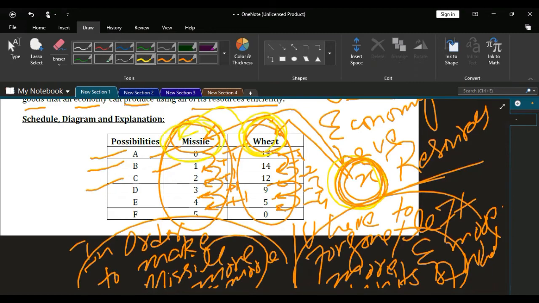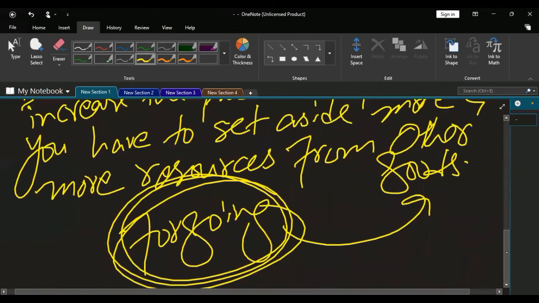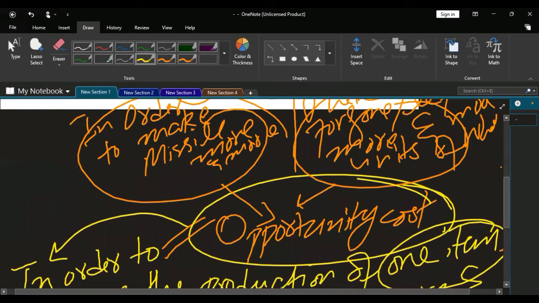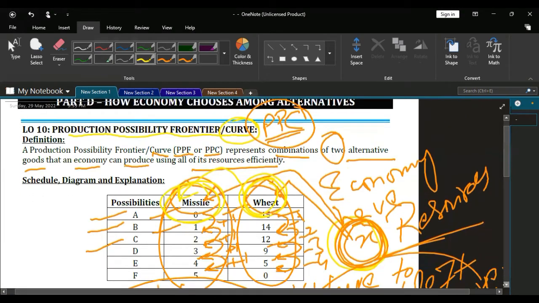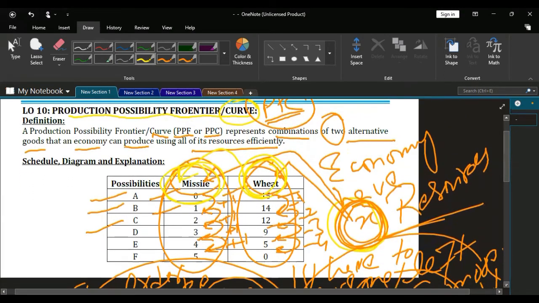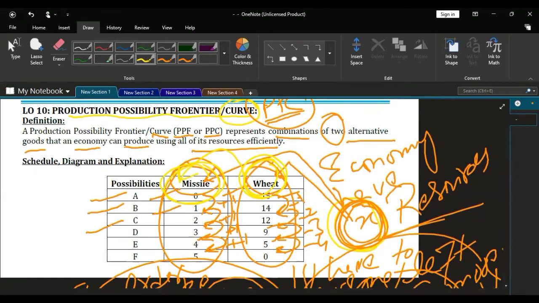This concept is known as opportunity cost. And the concept of PPC helps us to make such sacrifices: at what quantity level, and what thing needs to be sacrificed in order to get another thing.